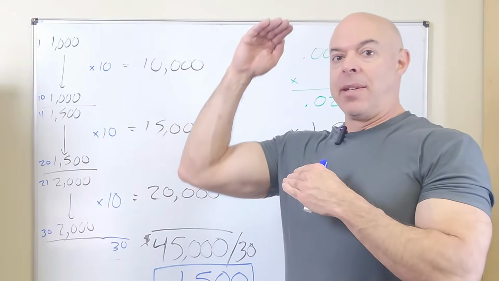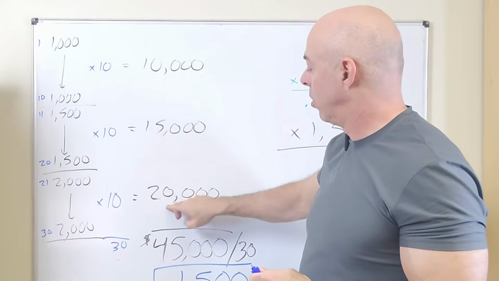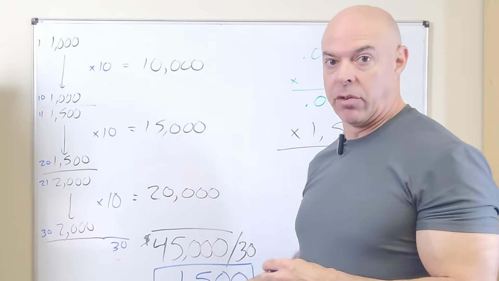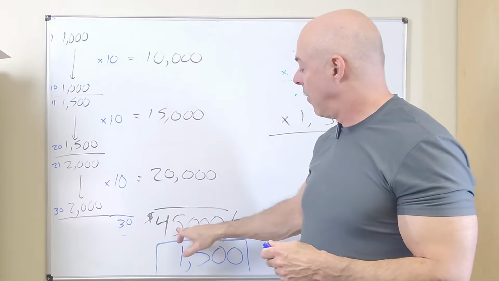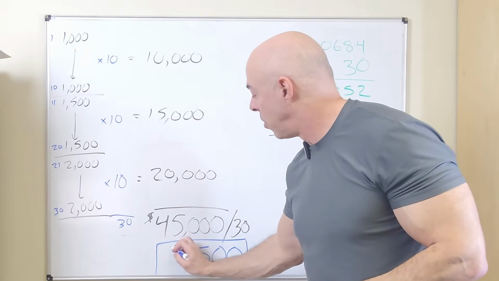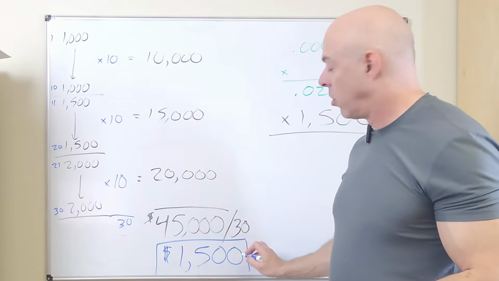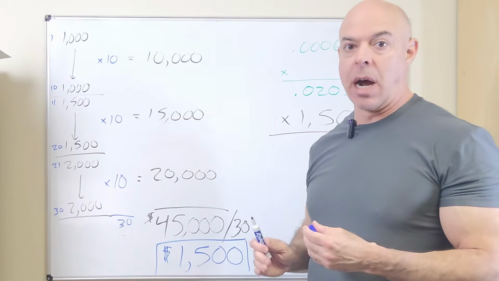So the daily balance for 30 days, 10 plus 15 plus 20, is $45,000 for 30 days in that month. So 45,000 divided by 30 gives us the number we want, which is $1,500. That is our average daily balance over the course of the entire month.